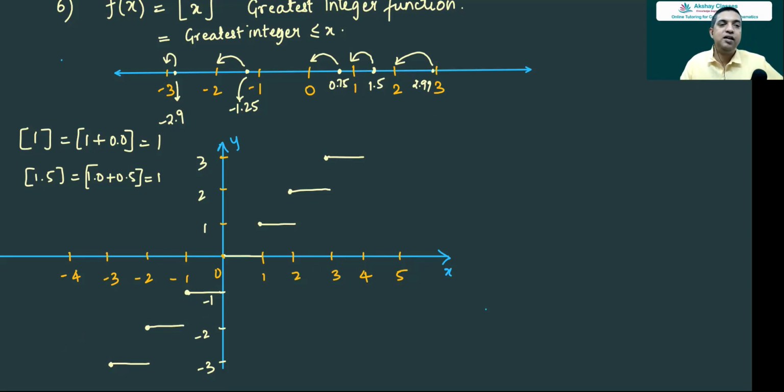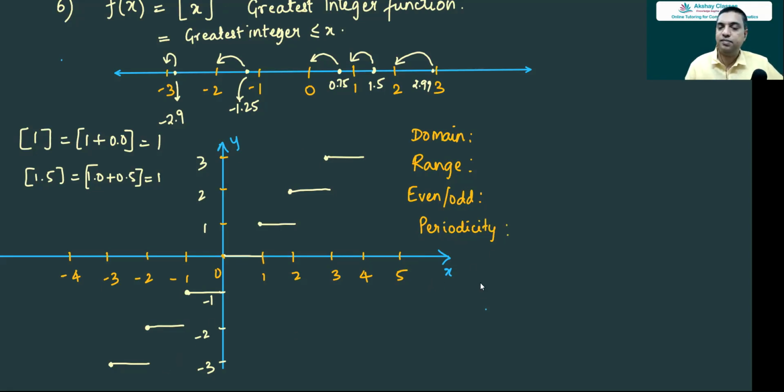Now just tell me the domain for this function, range for this function, even odd nature of this function, periodicity, invertible. What is the domain? Quickly, please answer. Minus infinity to infinity.